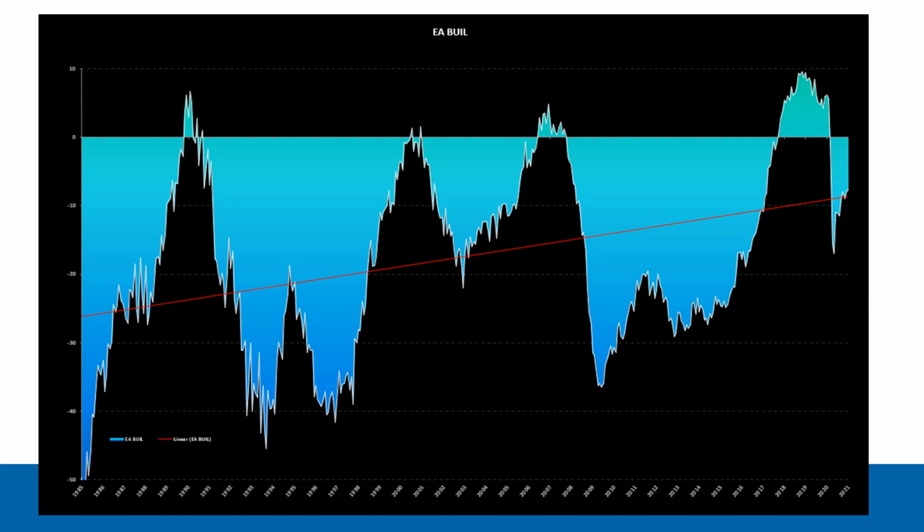It doesn't recover at all until 9 years later. So we're looking at positive sentiment occurring around the end of 2017, beginning of 2018.